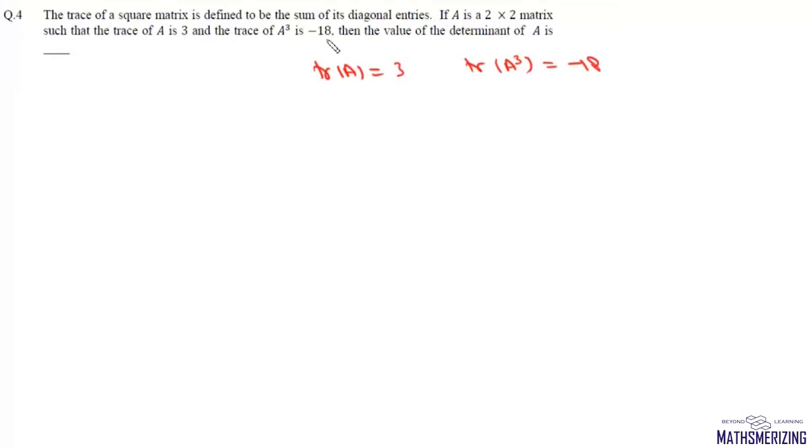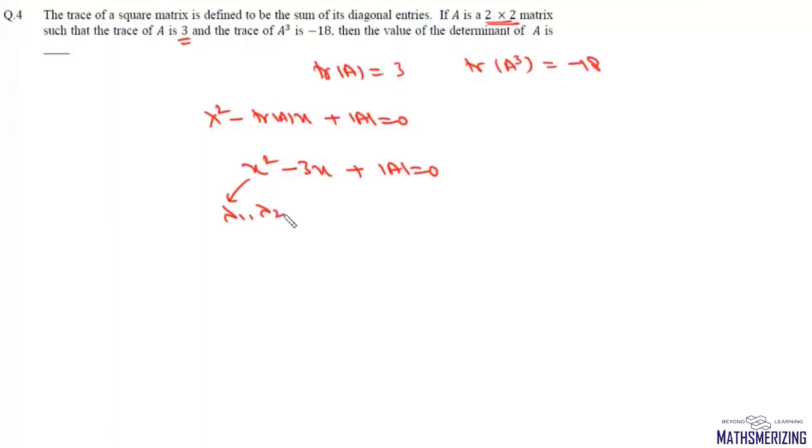Now for this square matrix A, and since it is a 2 cross 2 matrix, its equation will be x square minus trace of A into x plus determinant of A equals 0. Now trace of this matrix is 3, so we can write this equation as x square minus 3x plus determinant of A is 0. Now this equation will have two eigenvalues, lambda 1 and lambda 2.